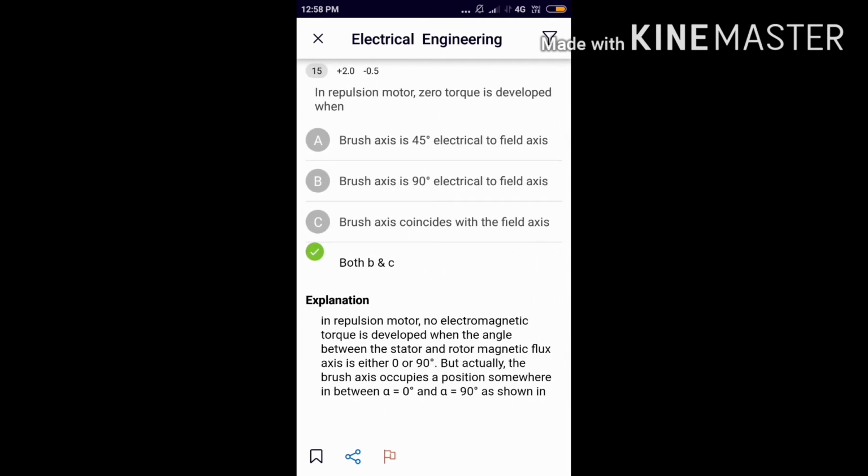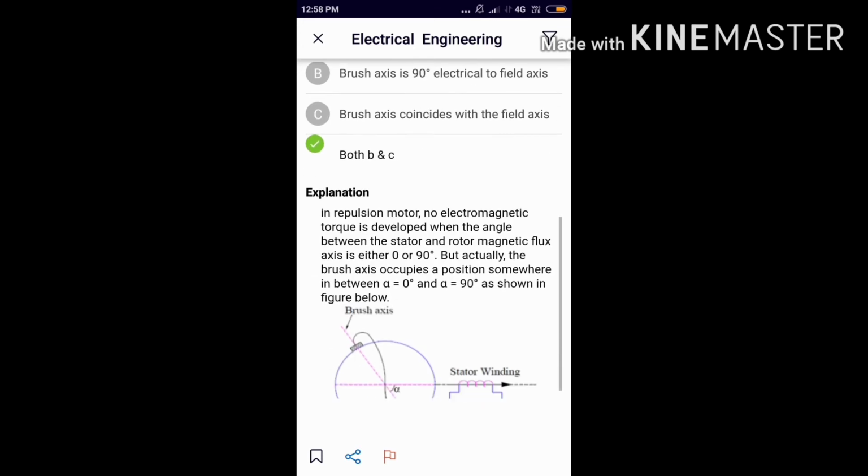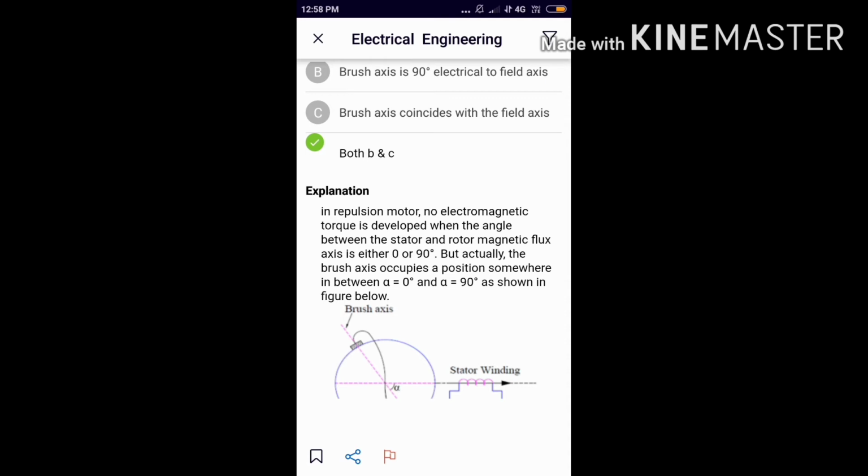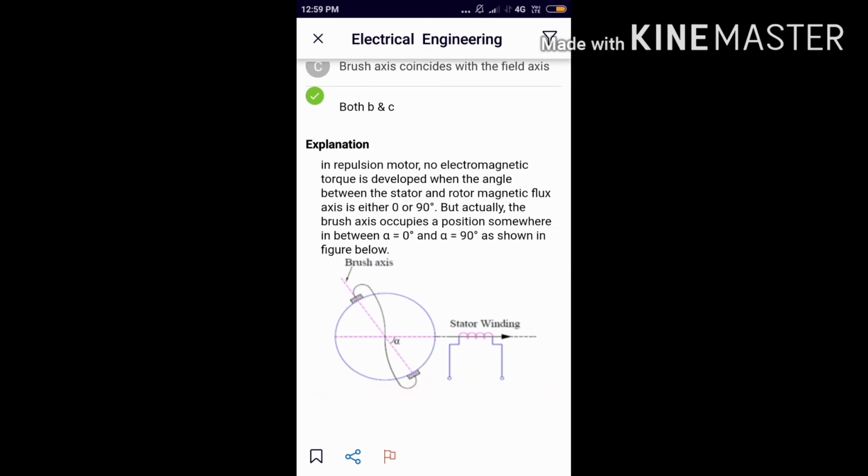Next question is, in repulsion motor, zero torque is developed when both B and C: B is brush axis is 90 degree electrical to field axis, then C is brush axis coincides with the field axis. In repulsion motor, no electromagnetic torque is developed when the angle between the stator and the rotor magnetic flux axis is either 0 or 90 degree.